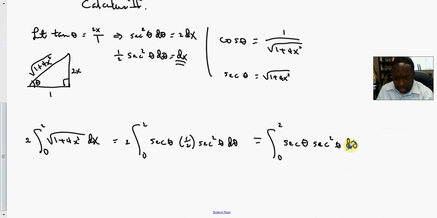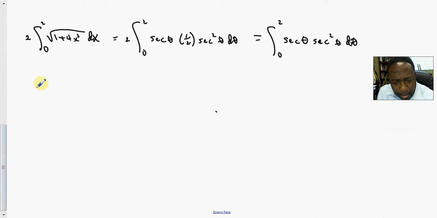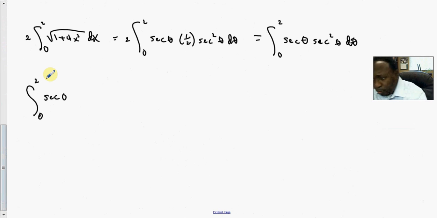We need to integrate. How do you integrate secant cubed theta? Well, we're going to use secant theta times secant squared theta. Convert the secant squared to 1 plus tan squared theta. It's the integral from 0 to 2 of secant theta, and I need you to see that this is secant cubed.